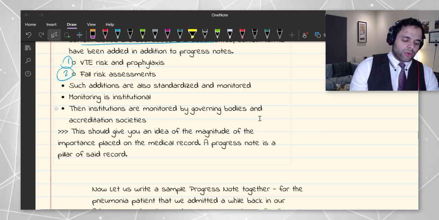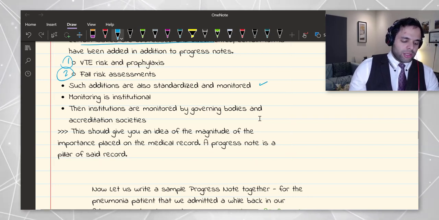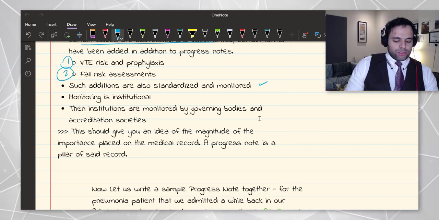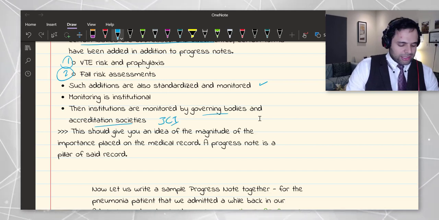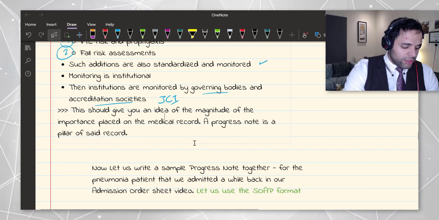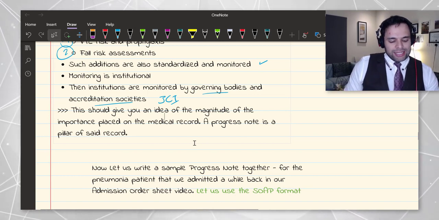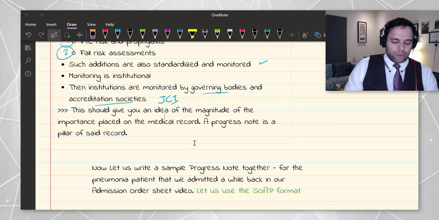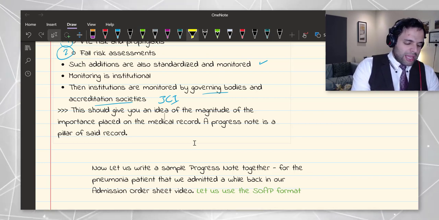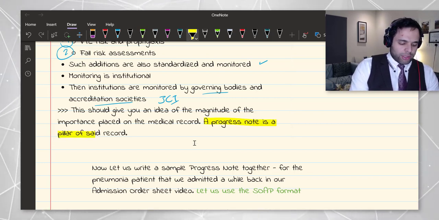Such additions are also standardized and monitored. Monitoring can be by institution or governing bodies and accreditation societies such as the JCI, for example. This should give you an idea of the magnitude of the importance placed on the medical record. A progress note is a pillar of said record.